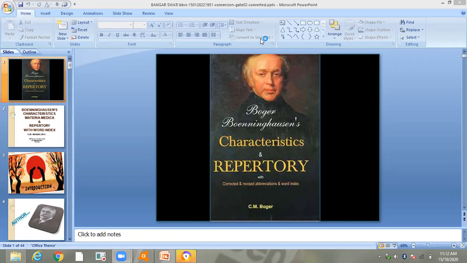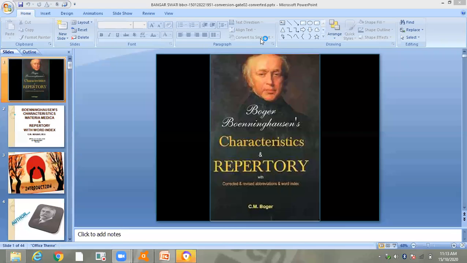Now we discuss the points of criticism related to BBCR. BBCR, or Boger-Bonninghausen's Characteristic Repertory, as we all know, is an updated or improved form of Bonninghausen's Therapeutic Pocket Book.